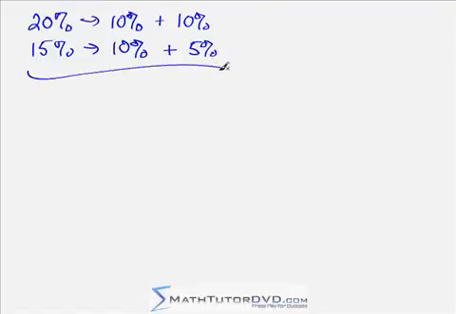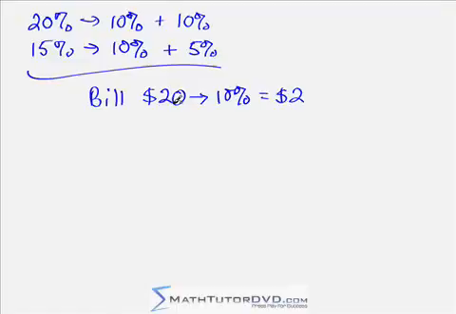So let's do that. Let's say we have a bill of $20. And how do I do that? To calculate 15%, first we calculate 10%. And 10% of this is $2. I just taught you how to do that: you move the decimal place here. What would 5% be? If I take 10%, that's $2, then 5% is $1, because I just cut it in half.